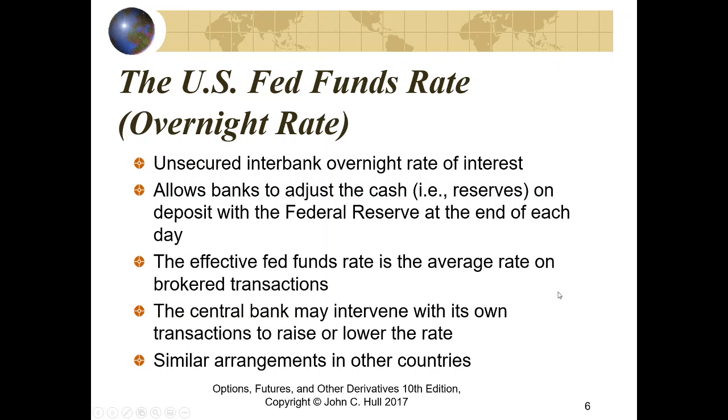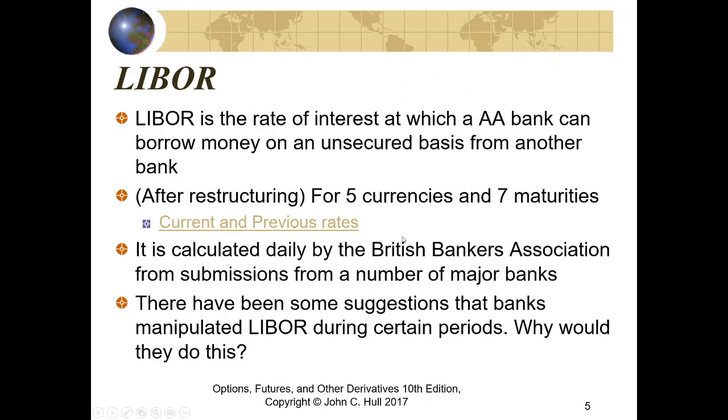Now, it turns out that this rate will be a basis for an important trade that we will learn about after a few slides, because this is unlikely to be manipulated, unlike the LIBOR.